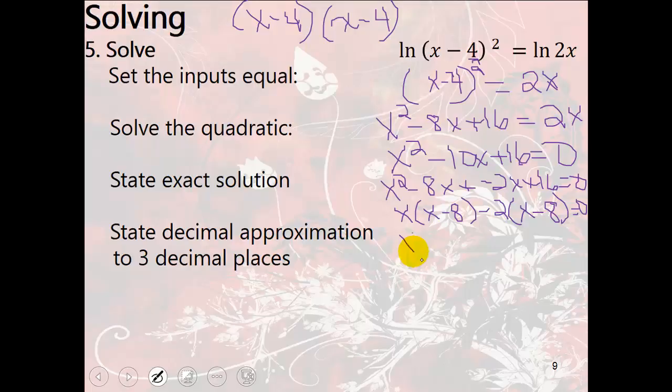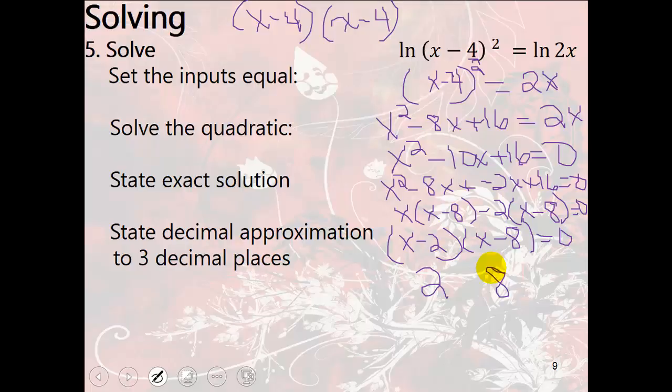And then I would get x minus 2 as a factor and x minus 8 as a factor. And then when I solve those, I would get 2 and 8. Okay, and so we have to plug them in and check them.